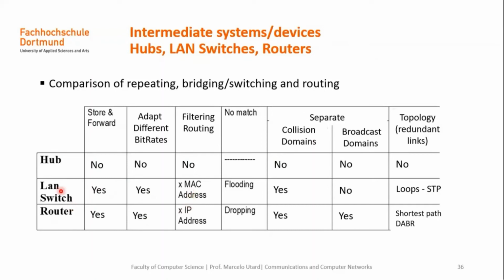The LAN switches and routers could examine the frame and, in the case of routers, the packets, the layer 3 packets. Both devices, LAN switches and routers, performing this function of store and forward, permit the separation of the collision domains.